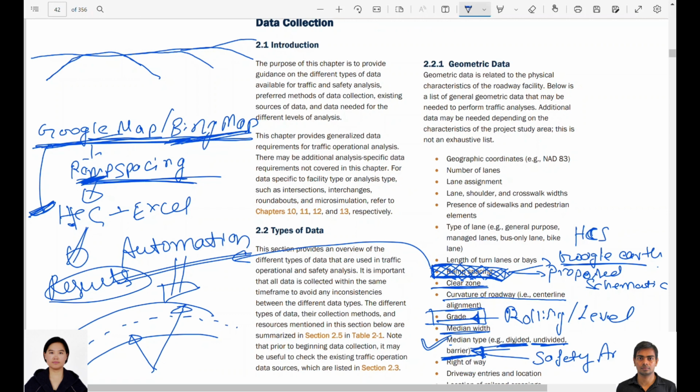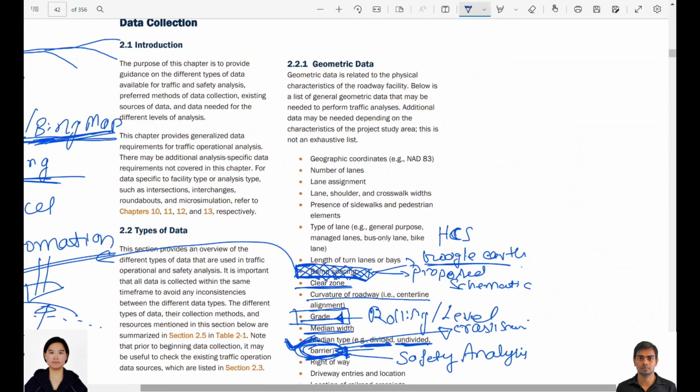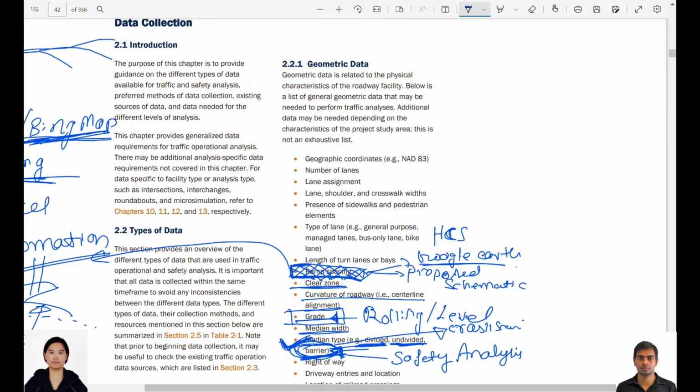So not only the median type, which is divided and undivided, but also the type of barrier is important, as it has a significant impact on crash severity and manner of collision. We have discussed this in one of the videos. Please refer to chapter 4 of the video series for more details.